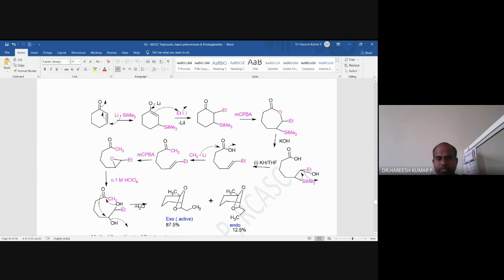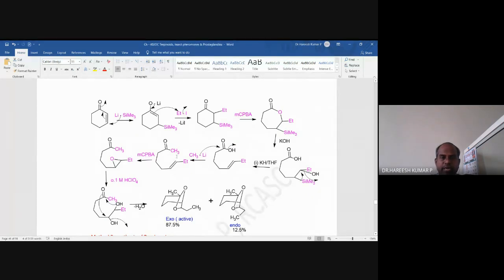Now this moiety is treated with organolithium. What will it do? It will attack the carbonyl carbon, and the hydroxy group, the leaving group, will go along with the lithium. Lithium hydroxide is the byproduct, and this will be the product.